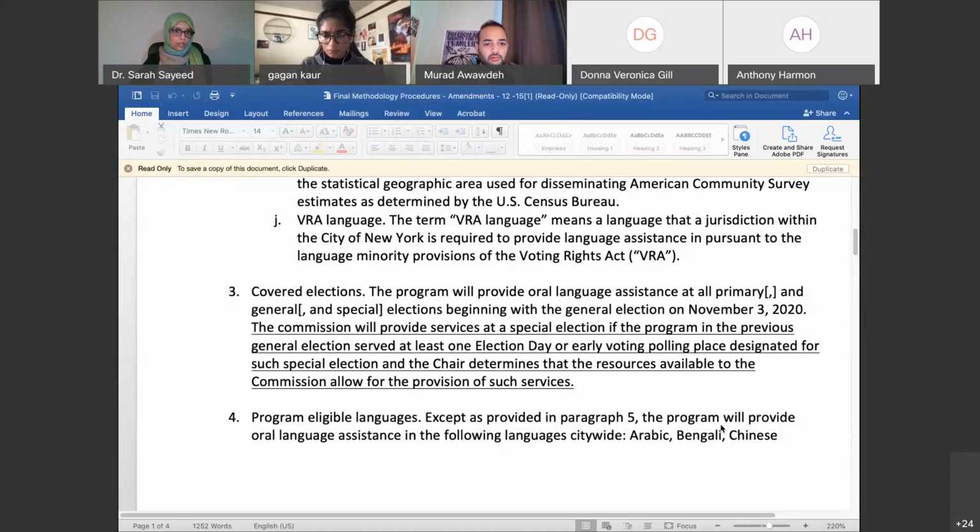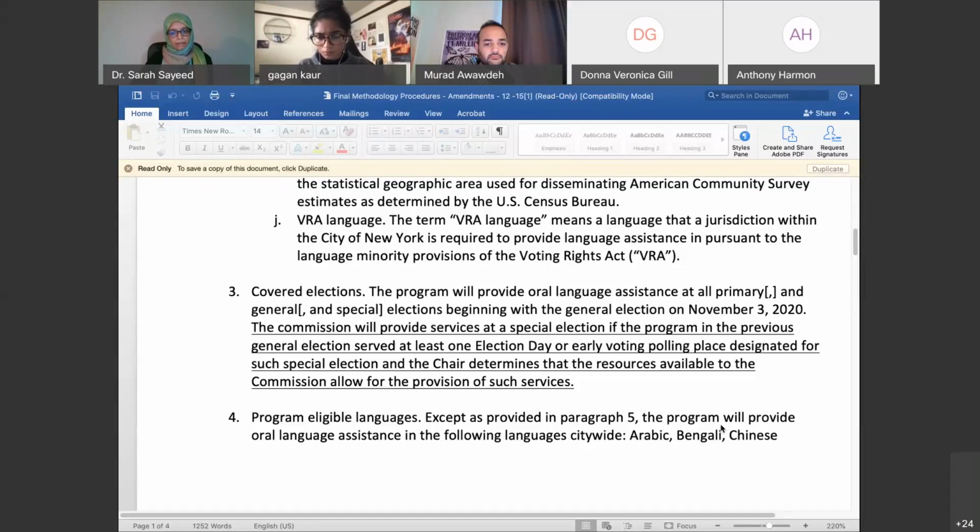And what we're doing here is explicitly stating that we can only cover specials when, in the general, there was a poll site covered in that geography. So that is sort of implied right now in the methodology, since it is a citywide estimate, but here we are making that explicit. That's what number 3 does.